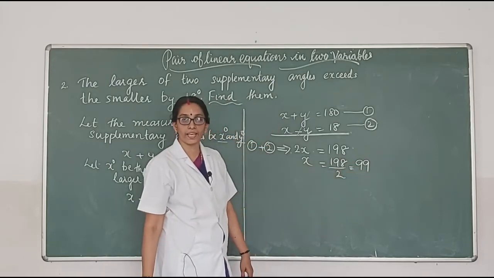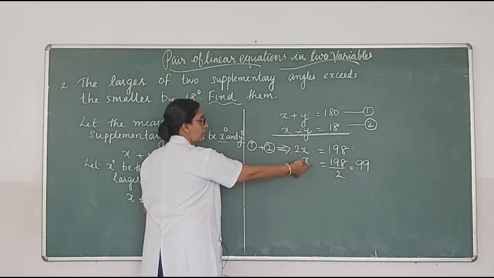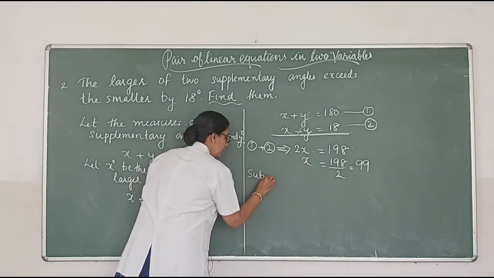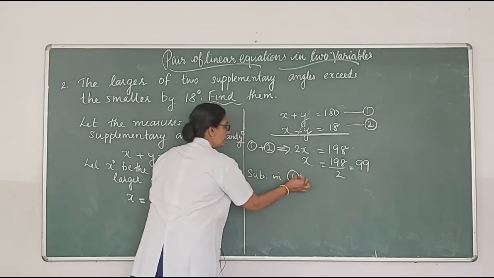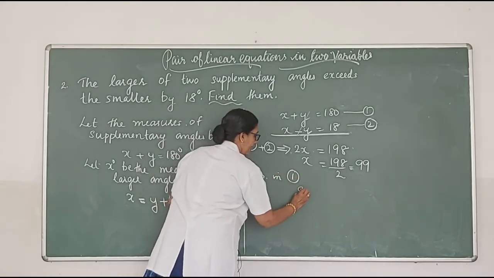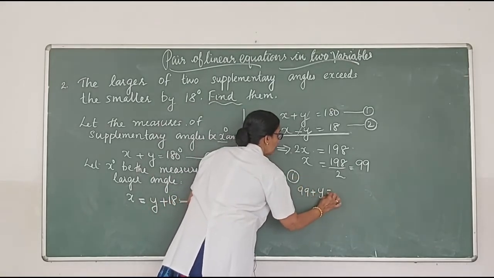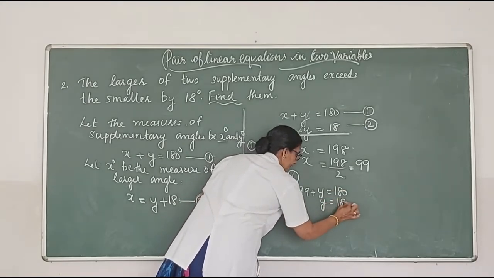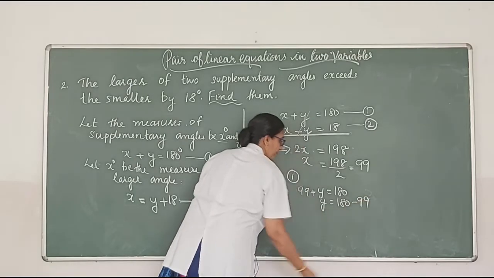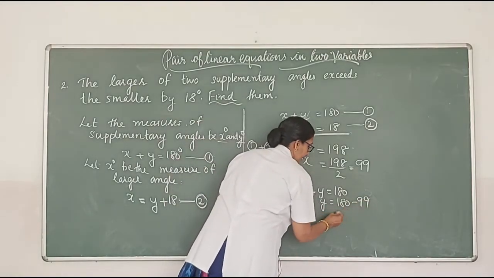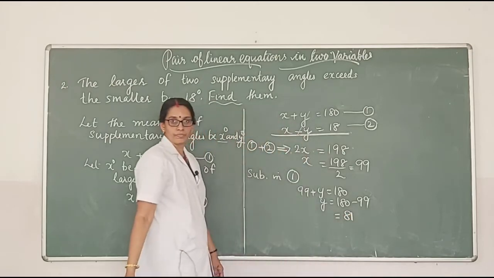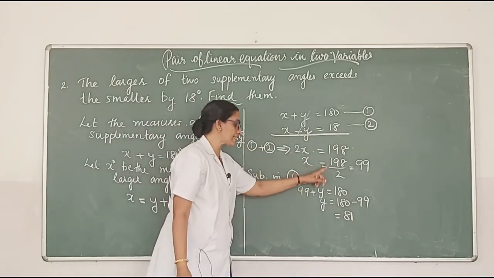How will you get y? Substitute this value in any one equation. So, I am substituting in equation 1: 99 plus y equal to 180 degrees, y equal to 180 minus 99. What is it? It is 81. Okay, so we got x and y.